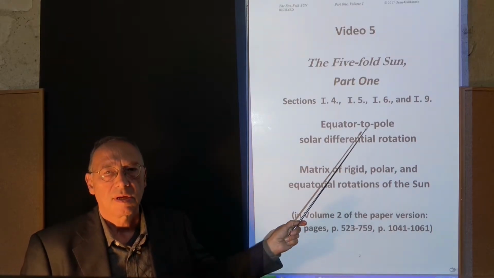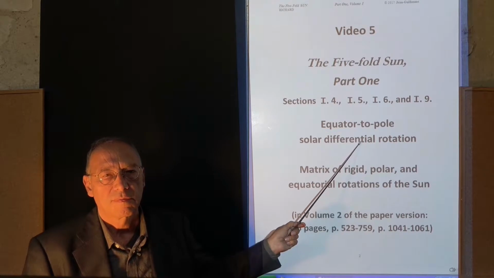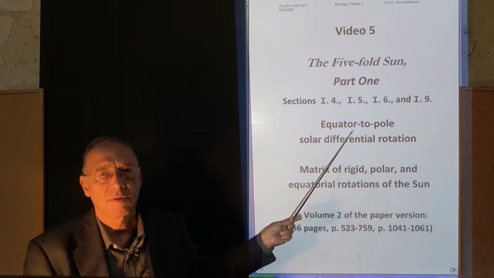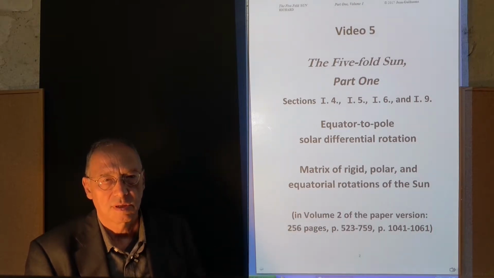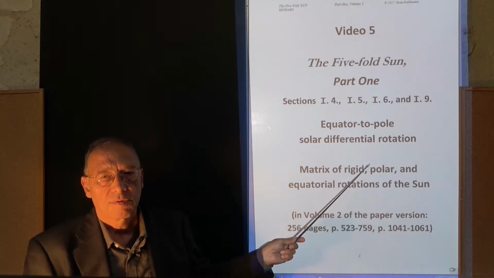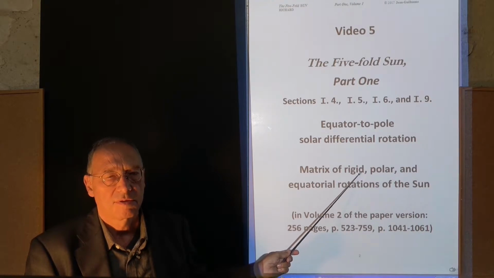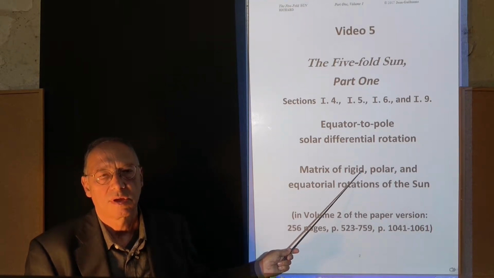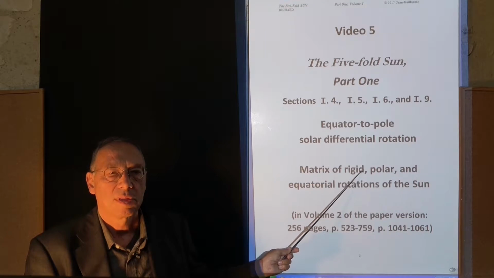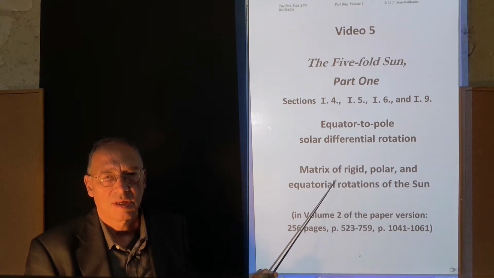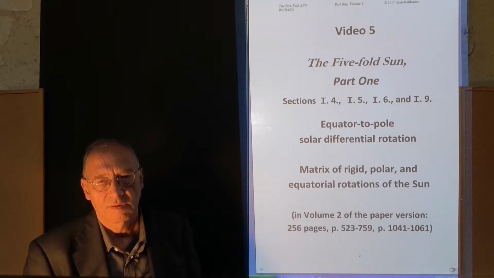We will discuss the notion of solar differential rotation all the way from equator to pole, which is in fact rather new, and we will try to arrive at a full matrix from the rigid rotation of the solar ball, which happens at intermediate latitudes at the surface, to the polar rotation and the equatorial rotation of the Sun.